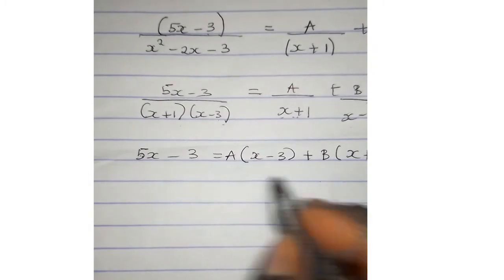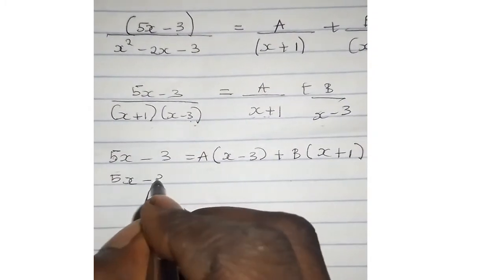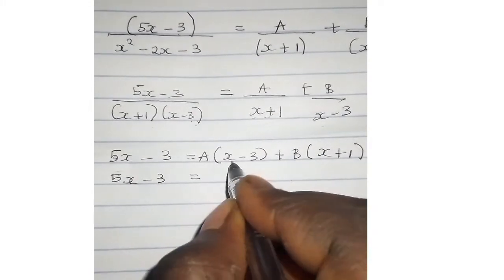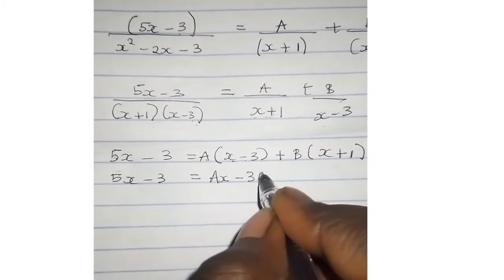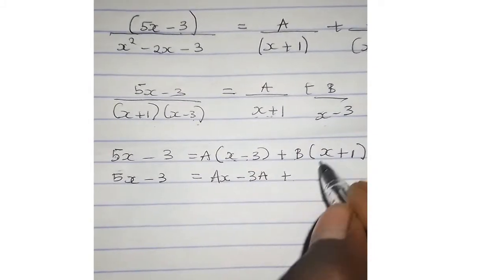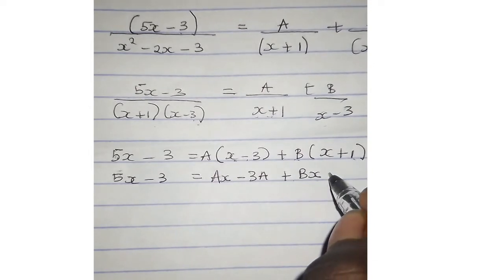Alright, so we expand. We have 5x minus 3 equals a multiplied by x, ax. A multiplied by minus 3, we're going to have minus 3a. Plus b multiplied by x, bx. B multiplied by plus 1, we're going to have just b.